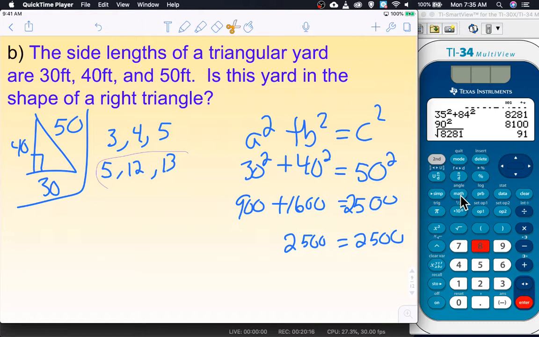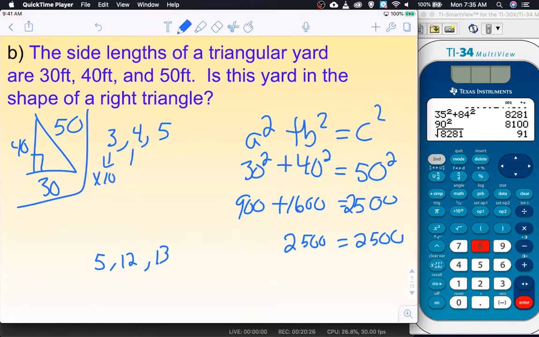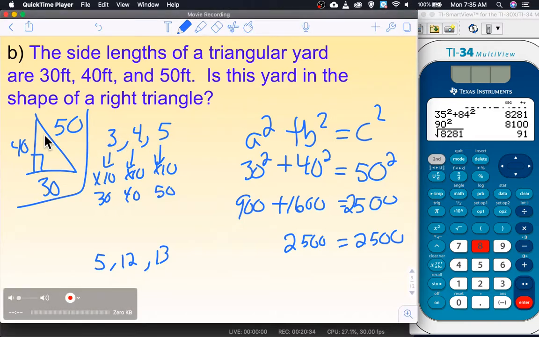The problem we have right here is a 3, 4, 5 triangle. It's just 10 times bigger. If you multiply each of them by 10, you get a 30, 40, 50 triangle. So I could tell from the beginning that this was going to be a right triangle.